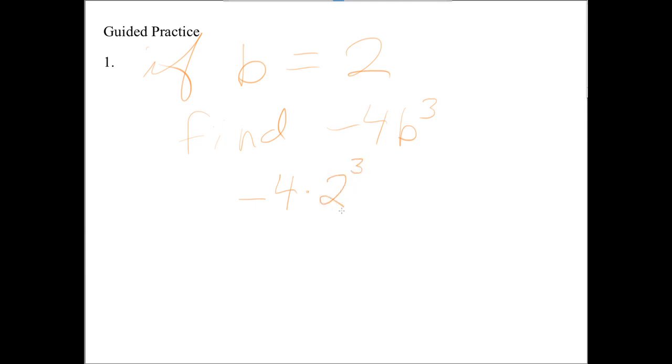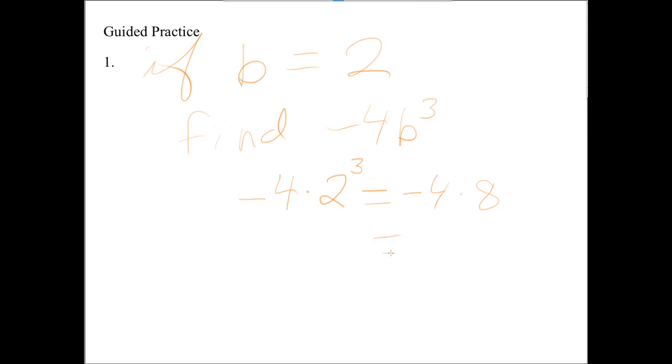And we want to know what that equals. Well, order of operations. First we have this -4 multiplication to exponents. There's no grouping symbols, so we're not doing grouping symbols. We do have an exponent, so we do that first. So we have a -4 times 2 to the third, repeated multiplication, 2 times 2 times 2, that's 8.